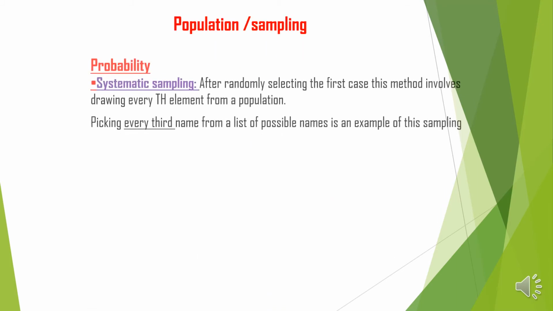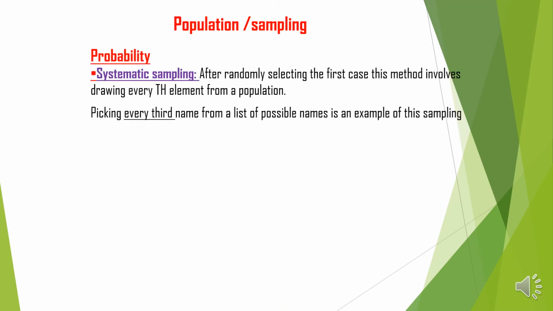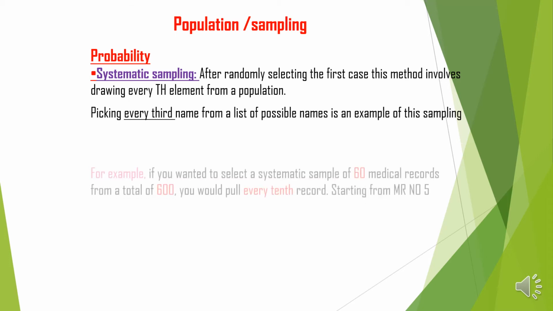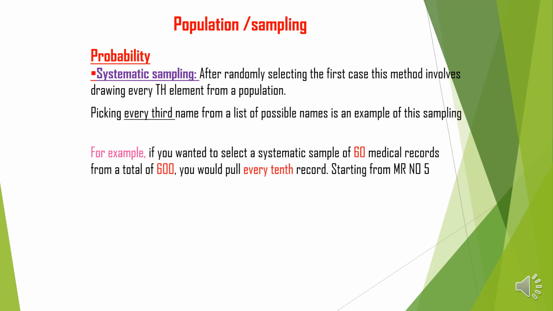What about the second type, which is systematic random sample? After selecting the first case randomly, we will choose every nth element. Example, picking every third name of a list of possible names is an example of systematic random sample. I'll give you an example here. If we have 600 medical records and we want to select only 60 of them to study, how? If we started with the first 60, we have a bias.